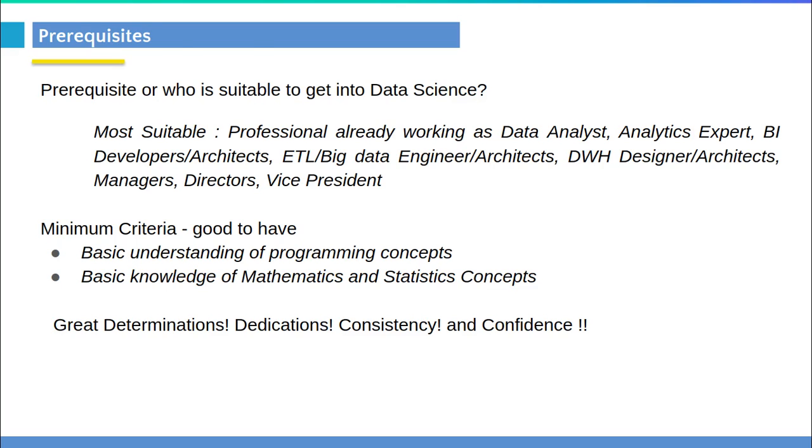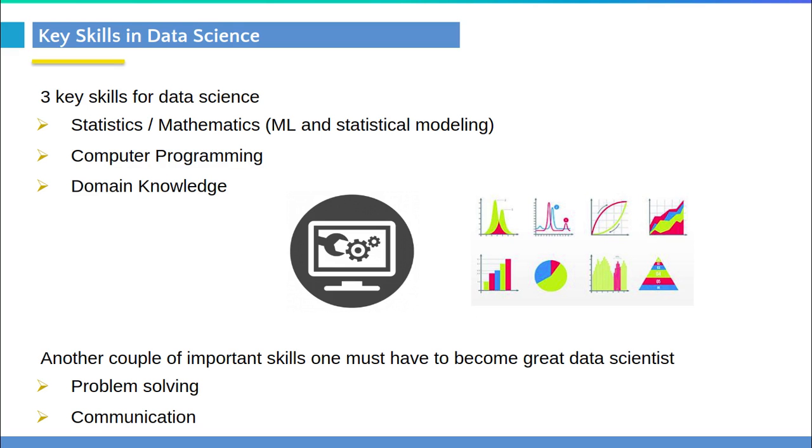Primarily there are three key skills which I think are pretty important to really do something in the data science domain. That is statistics, which is where we use statistical modeling, machine learning and predictive modeling, and computer programming.